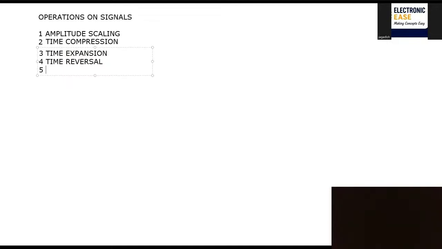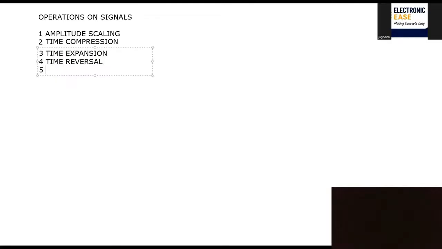One minute, I'll see your syllabus. So what is there in your examination, that only I want to teach, because there are many things. Time reversal or folding. Amplitude scaling, time compression, time expansion, time reversal.